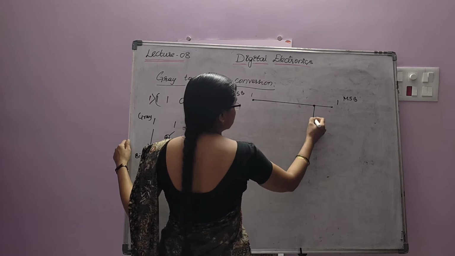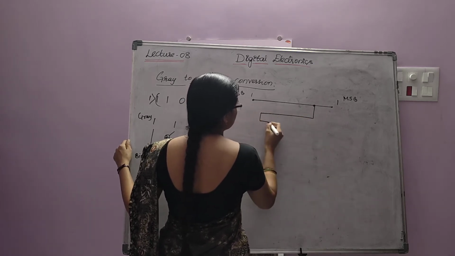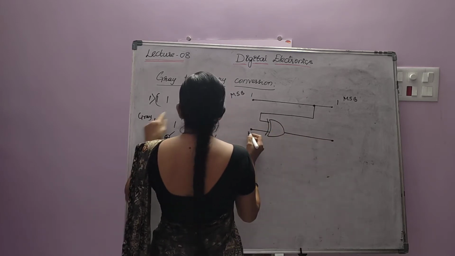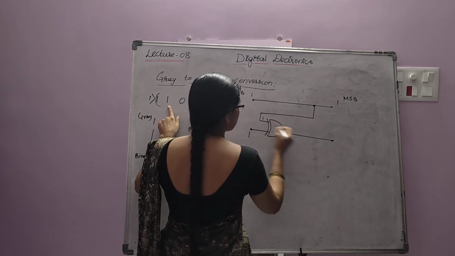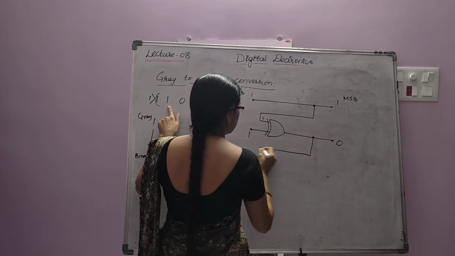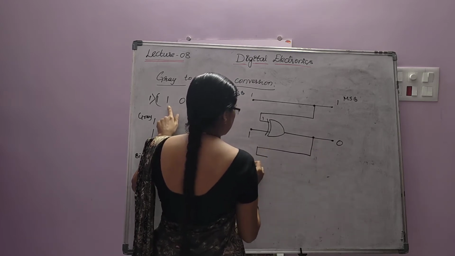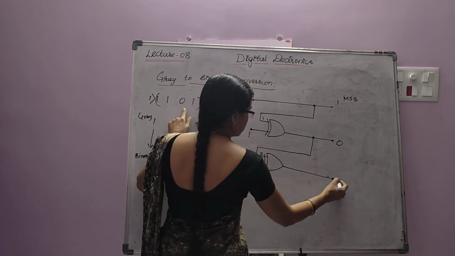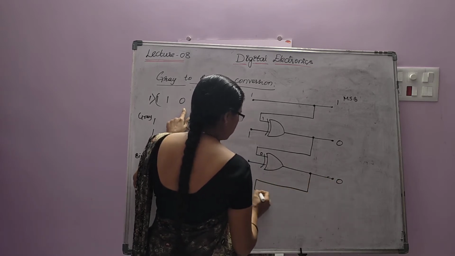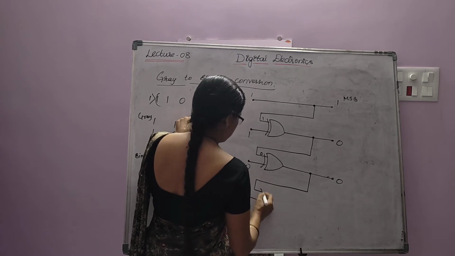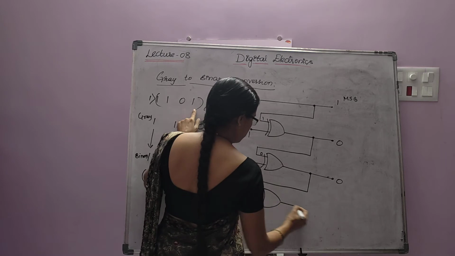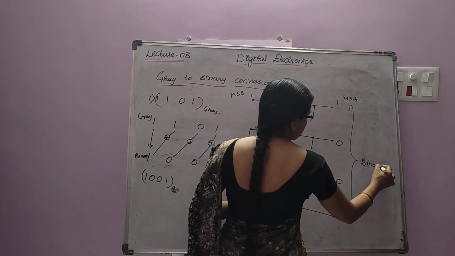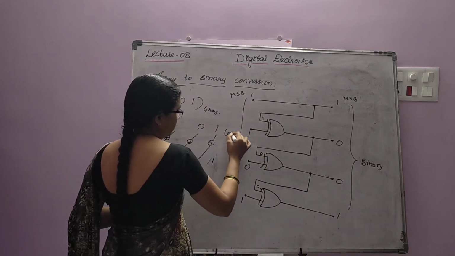The result is XORed with the next bit, that is 1. 1 XOR 1 is 0, and this 0 is XORed with the next bit, that is 0. 0 XOR 0 is 0, and that result 0 is XORed with the next bit, that is 1. 0 XOR 1 is 1. So this is our binary digits.